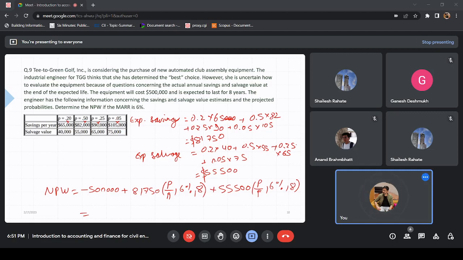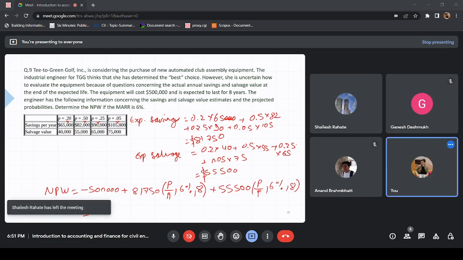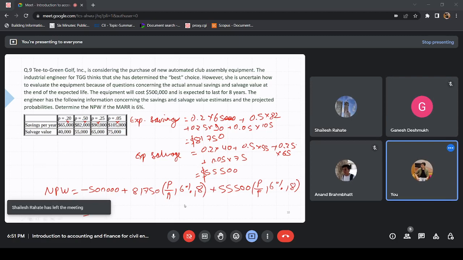So this is 6.2098, and for P given F we have 0.6274.